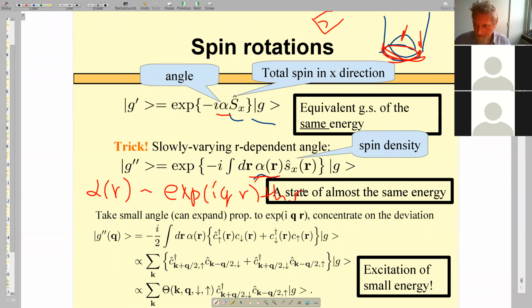In this way, in fact, I make sure that I create a particle with certain quasi-momentum q.